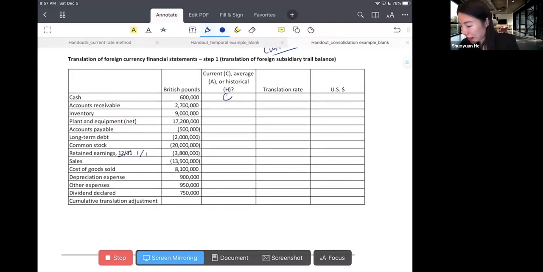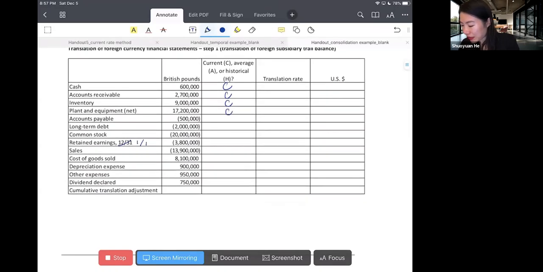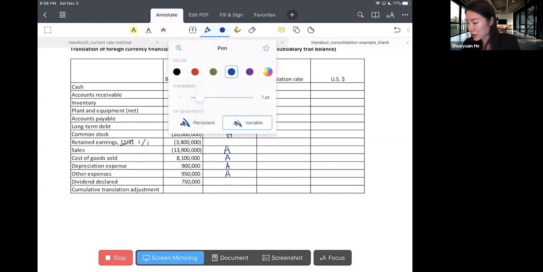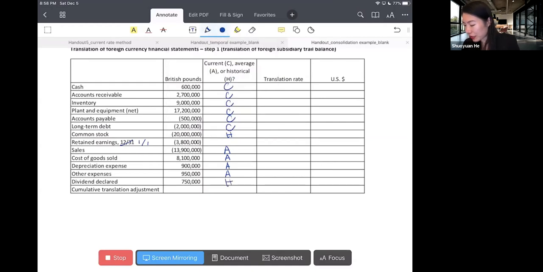So cash is an asset, accounts receivable is an asset, inventory is an asset, PP&E is an asset, accounts payable is a liability, long-term debt is a liability. And then common stock, that's an equity account, so we apply the historic rate. And for all of the income statement accounts, we apply the average rate, except dividend, which is an equity account, so we apply the historic rate.